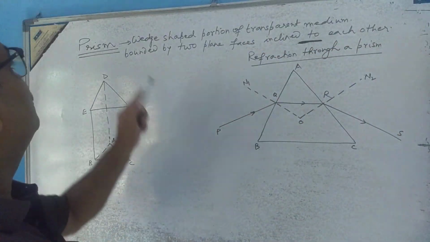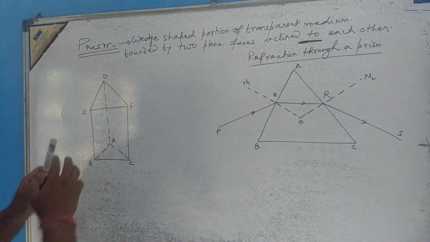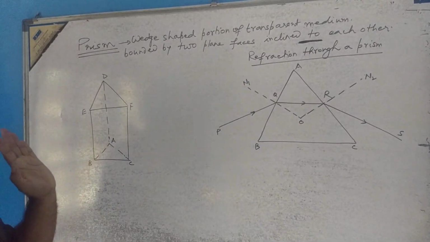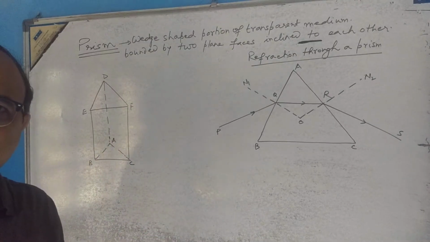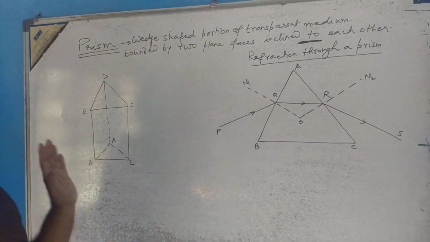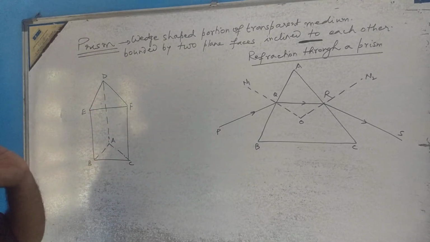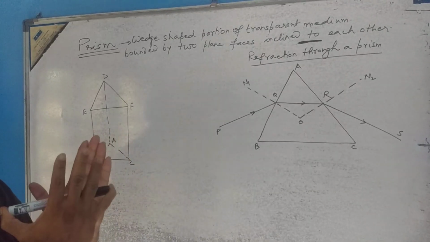It is a wedge-shaped portion of a transparent medium, like this. Normally it is made up of glass.